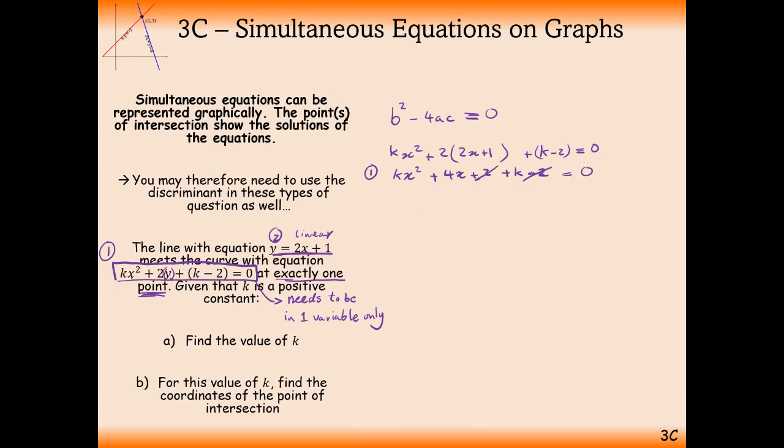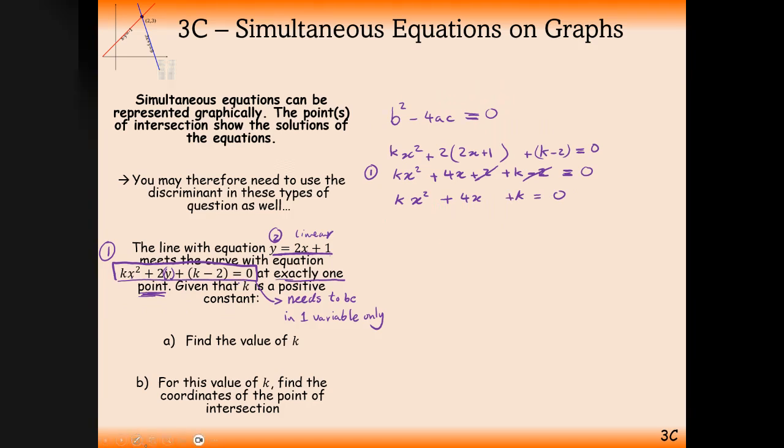So now if I rewrite equation 1 again, I have kx squared plus 4x plus k equals 0. Why am I writing equal to 0? Because that equation is 0. So this is equation 1, I'll just rearrange equation 1.